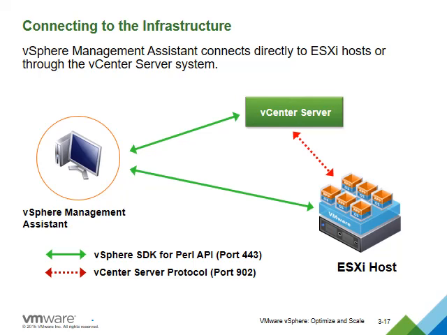And when you use the internal vCenter server protocol, those commands are then sent from the vCenter server system back to the host. As you see here, we've got your VIMA going to the ESXi host and to your vCenter server, and then this one communicates back and forth.